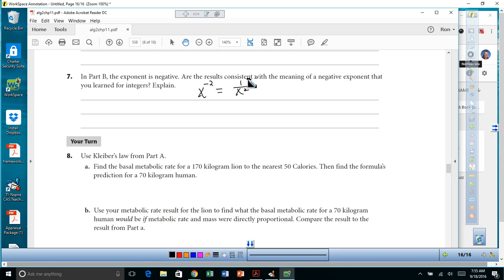What about for the rational ones? If you have x to the negative 2/3, that turned out to be 1 over x to the 2/3. So yes, they are consistent.